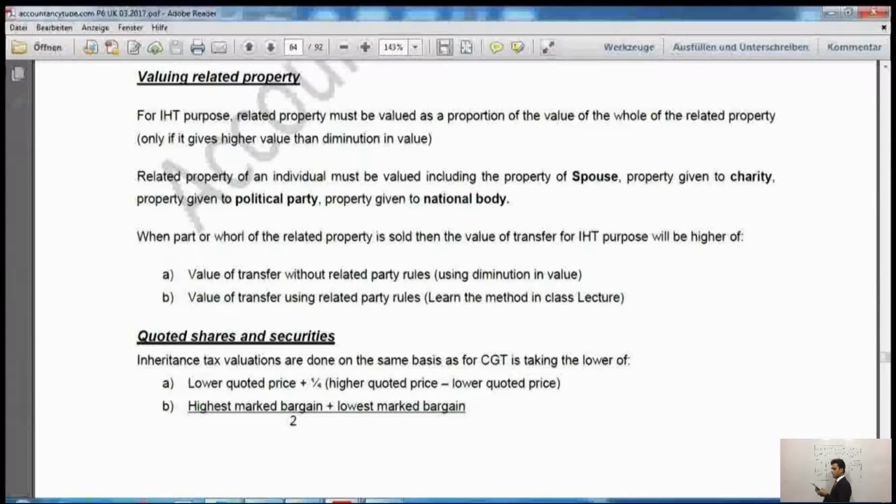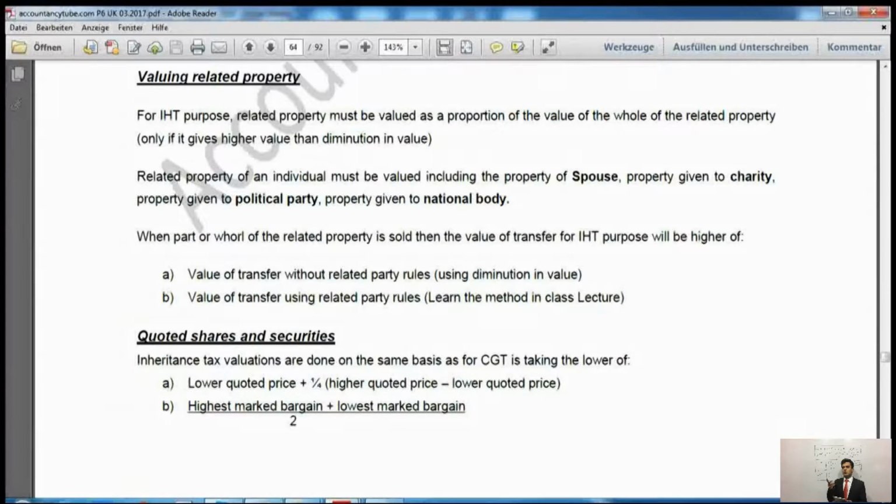However, the next one is related property valuation or valuing related property. Now what does this rule say? Related property of an individual must be valued including the property of spouse, property given to charity, property given to political party, and property given for national purposes. Now these are 4 exempt parties, as you can see. That's why I asked you to remind me previously what were the 4 exemptions, the 4 parties to which I can give gifts and that would be exempt.